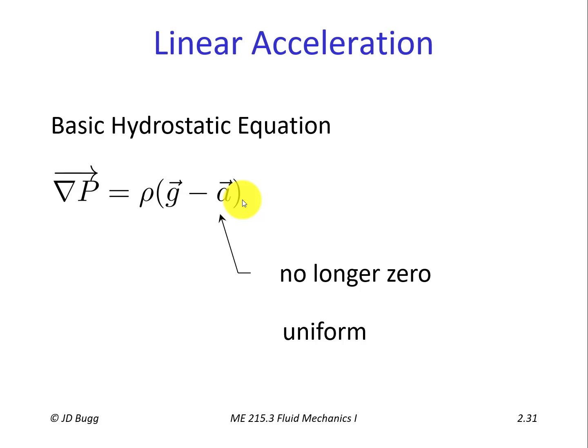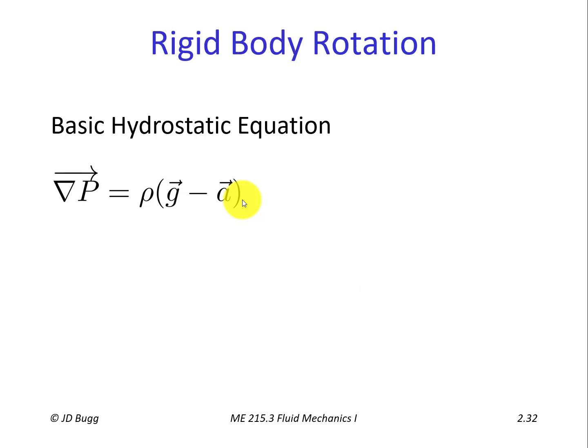Now the second situation where acceleration is important is rigid body rotation. And this is a little more complicated because the acceleration is not the same everywhere in the fluid. Now we still have our same basic hydrostatic equation. We don't need to make any changes to it. It's valid for all of these situations.